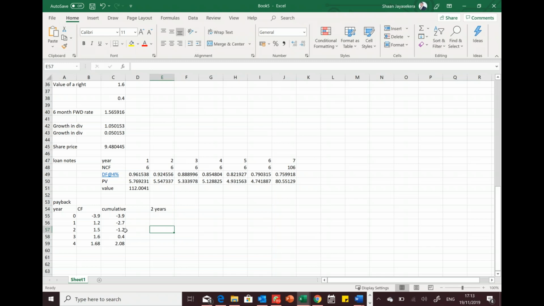I need another 1.2 to break even, but in this period I'm getting 1.6. So I can roughly work it out by dividing this by this, because this is how much I'm getting over that year. Which means it's around 0.75, so it's 2.75 years. Do I have an answer like that? Yes, there it is, answer A.